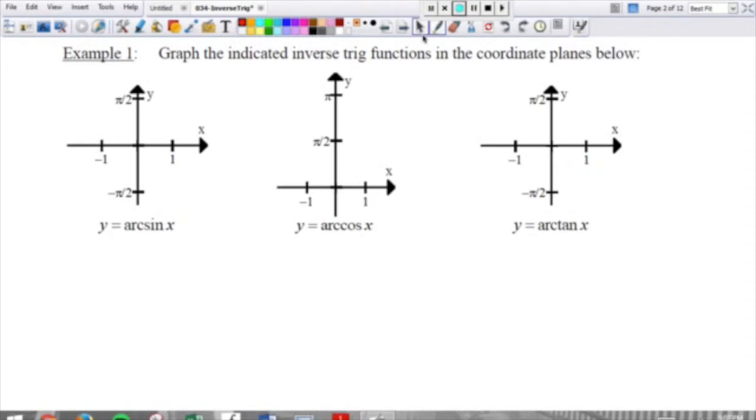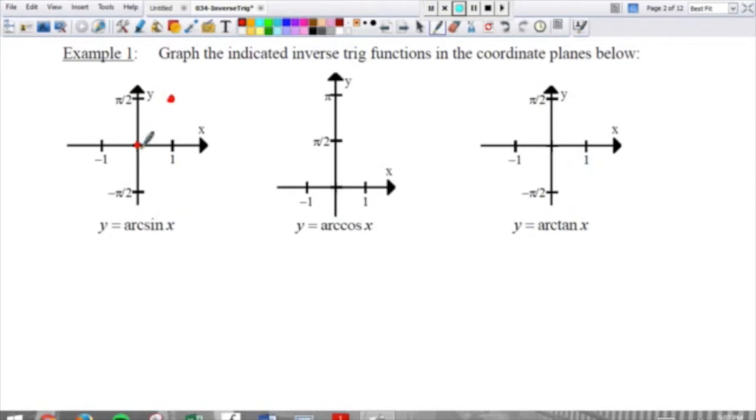The idea is, at an x value of 1, what angle in sine gives me an output of 1? If you said or thought pi over 2, you are correct.